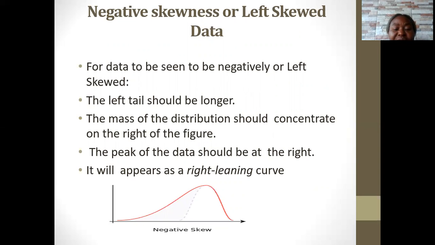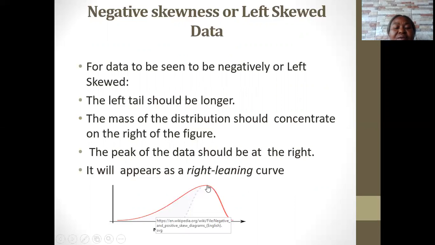as is shown in the diagram below, the left tail should be longer. The mass of the distribution should concentrate on the right of the figure after plotting the graph.